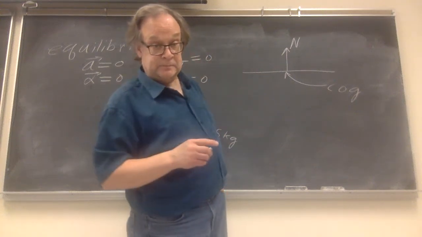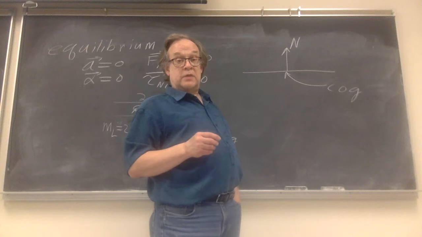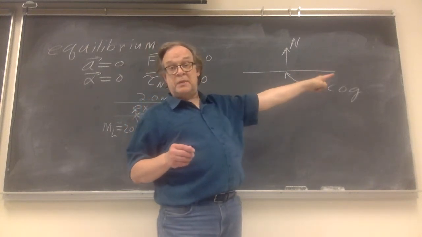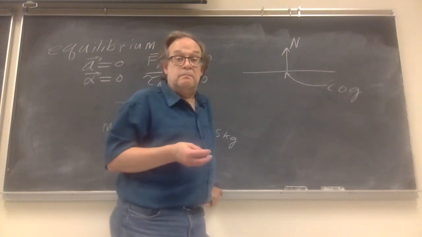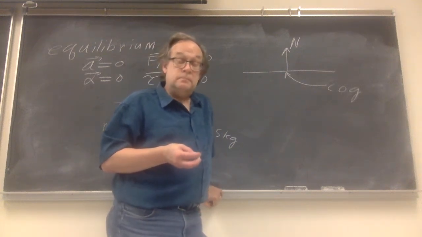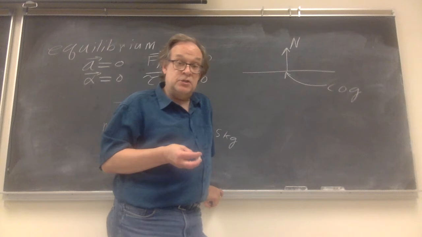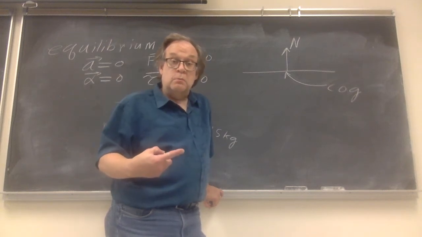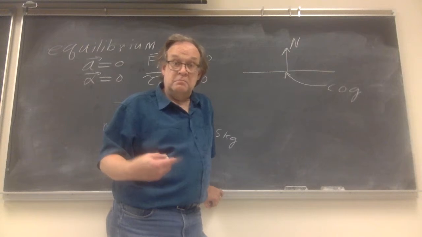That's what center of gravity means, average location of mass. But here's the trick. Instead of thinking of a million little weight forces, each pulling down on a different piece of the seesaw, we can think of just one weight force pulling on the center of gravity.